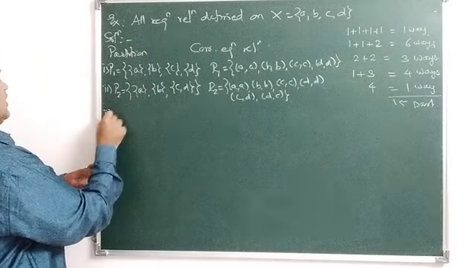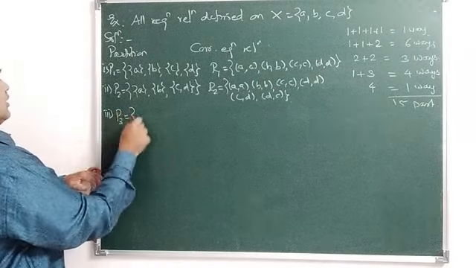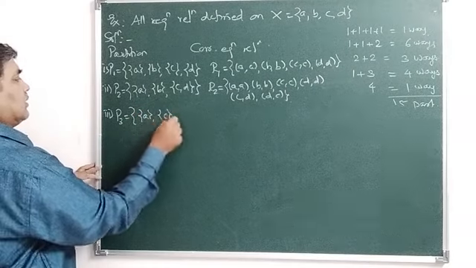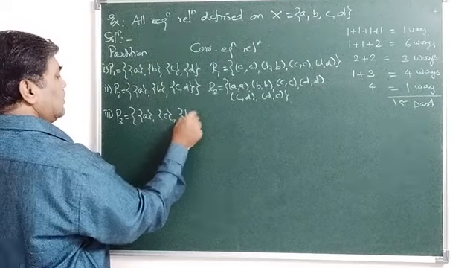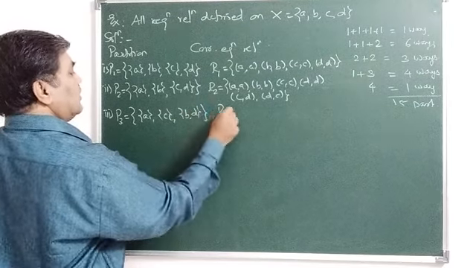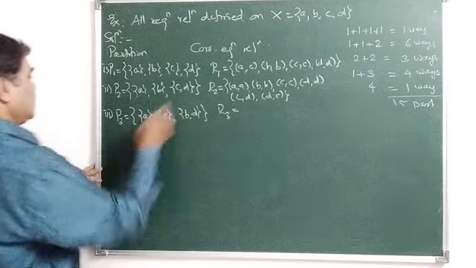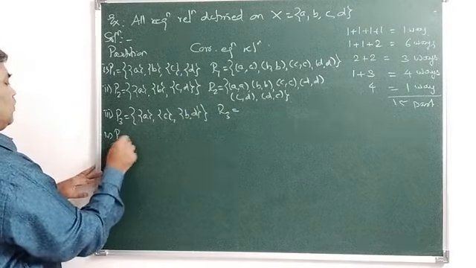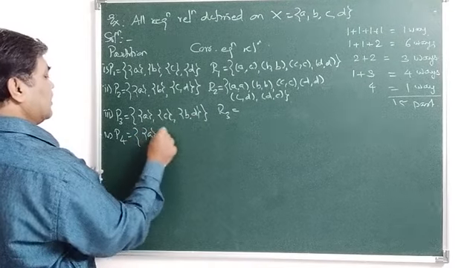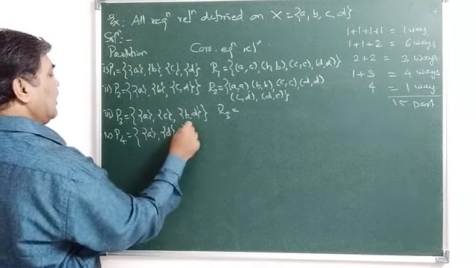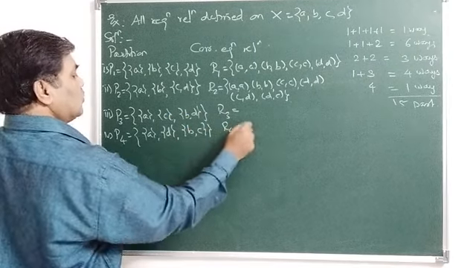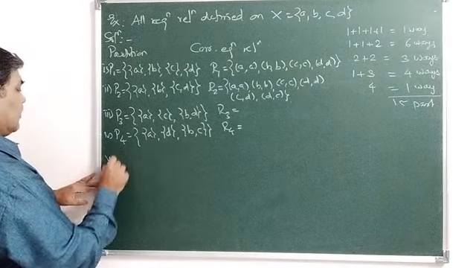Third, P3 is equal to AC and BD. Okay, R3 on the same line. P4 is equal to, what will we get next? AD and BC. R4 is equal to the same. 5.